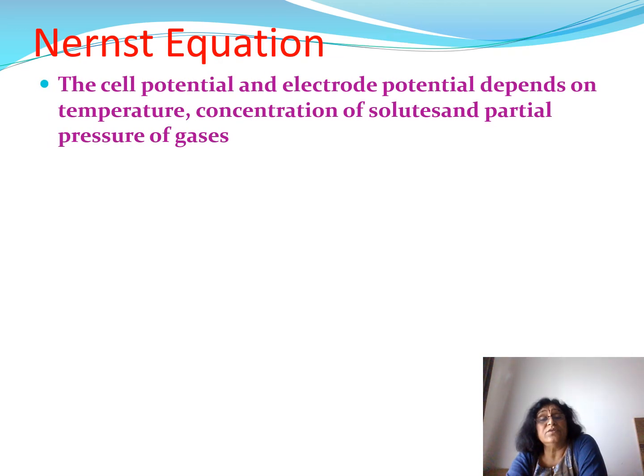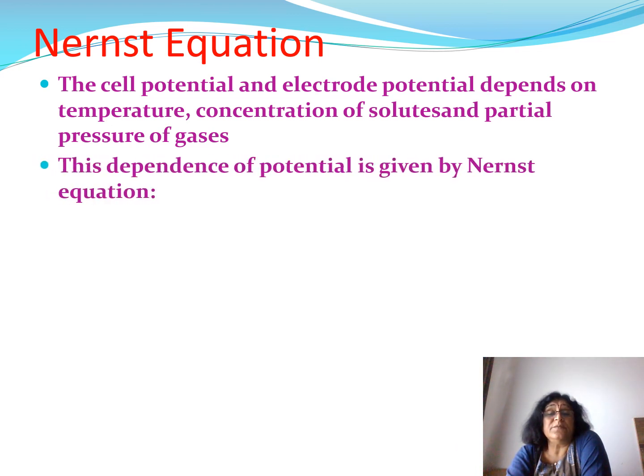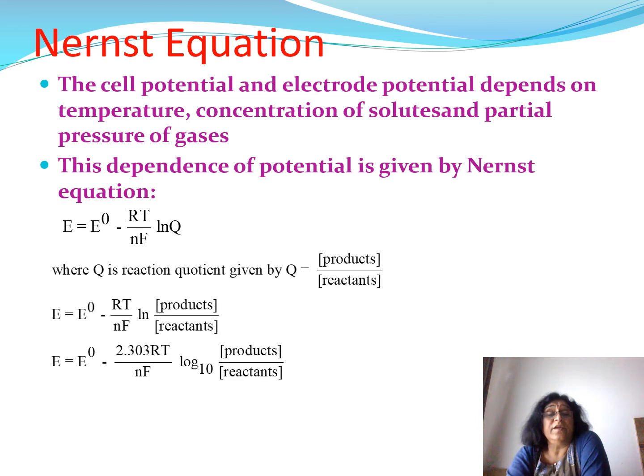Okay. So the Nernst equation that we did earlier: the cell potential and the electrode potential depend on temperature, concentration of solute and the partial pressure of the gases. This dependence of potential is given by the Nernst equation. E is equal to E naught minus RT by NF ln Q, where Q is the reaction quotient, products upon reactants.